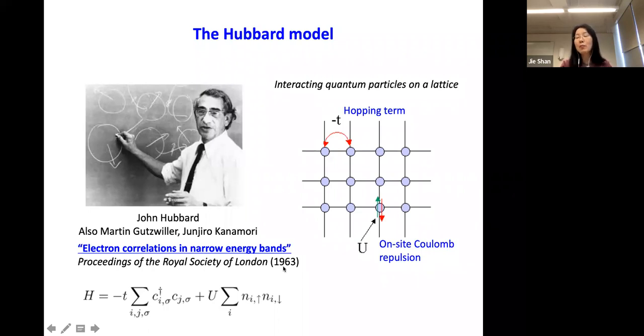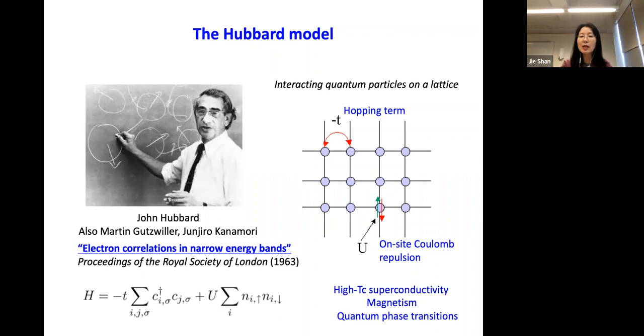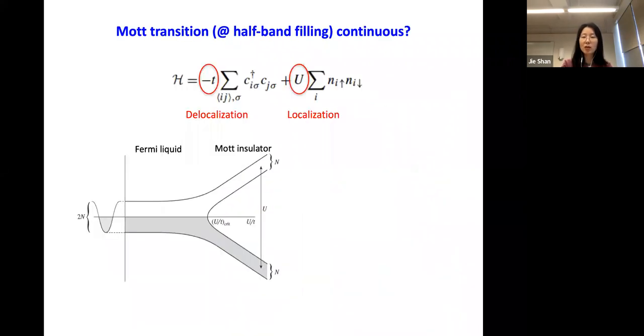And it's important because the model is thought to describe important problems such as high Tc, quantum magnetism, and also describe important quantum phase transitions such as the Mott transition. It's a metal to insulator transition. So let me just say a few words about this transition. So I told you about those two terms, right?